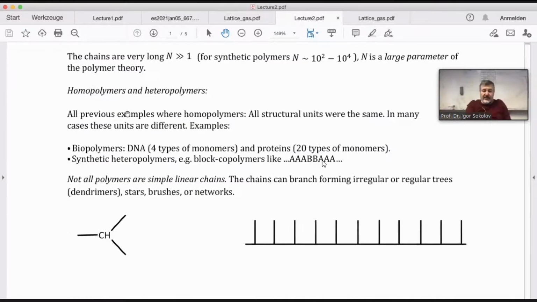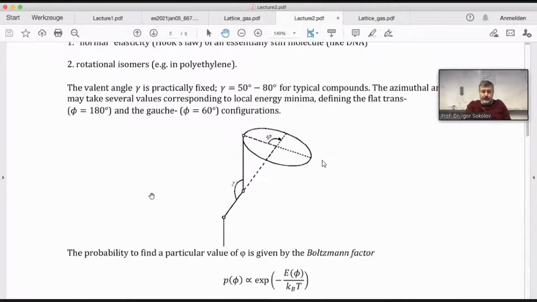So the model is like this. And this valence angle is fixed. It may fluctuate, it does fluctuate, due to thermal motion by a few percent, but while keeping the angle, you can rotate. You can rotate here on a cone. And this is the valence angle model. For polyethylene, there are three positions at which the energy is the lowest.